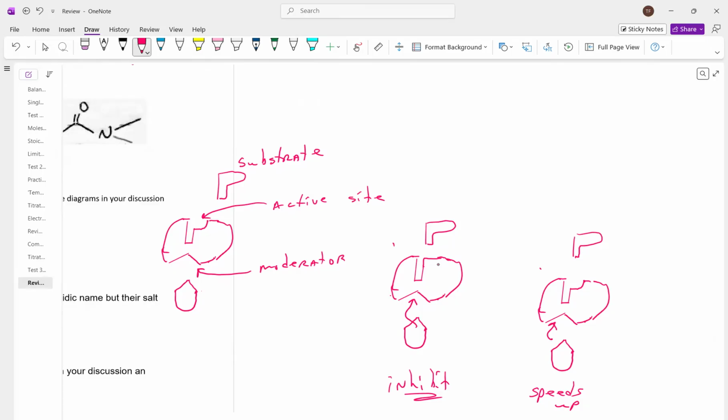So one time, to slow the reaction down, to inhibit it, the active site is changed, so the substrate doesn't fit in there anymore. When it speeds it up, the active site, without the moderator, doesn't fit. And as soon as the moderator attaches, then the active site is available for the substrate.